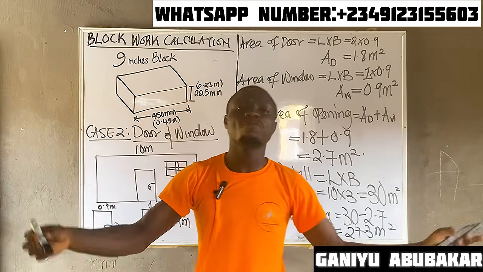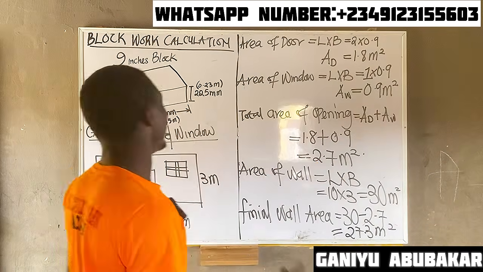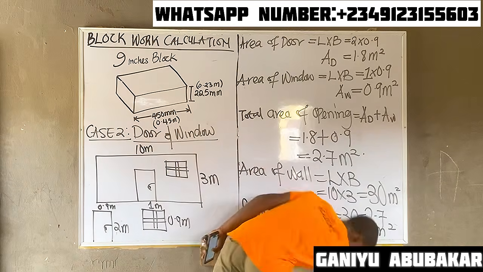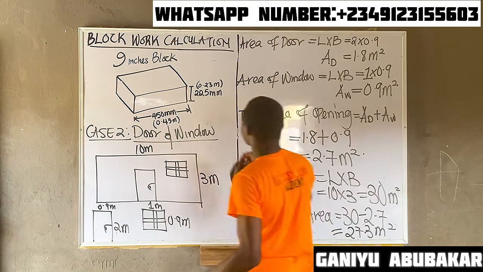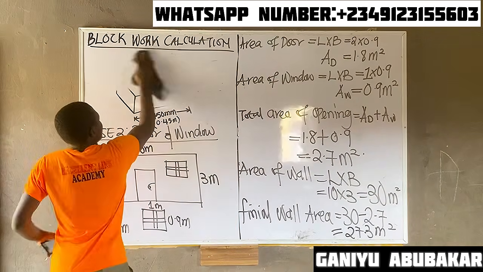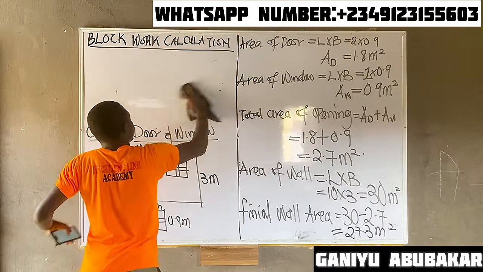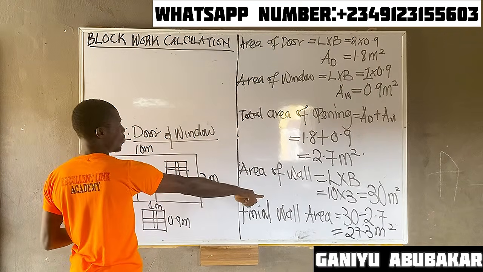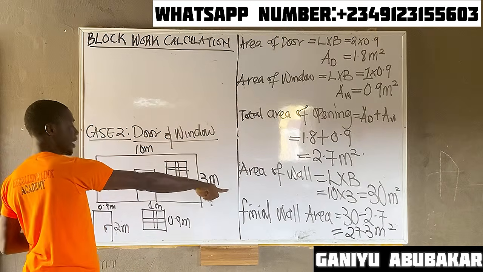Now we already know the area of block as 0.1 something. So let's get the number of blocks needed for this wall. Final wall area is this.